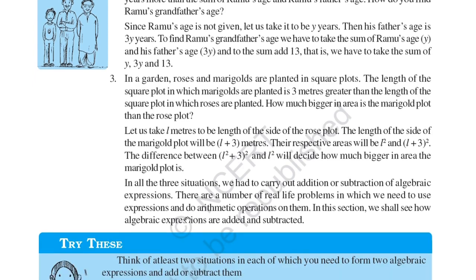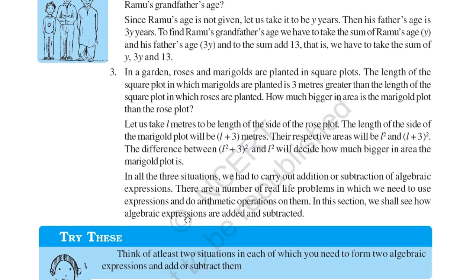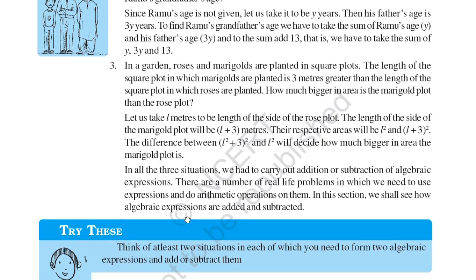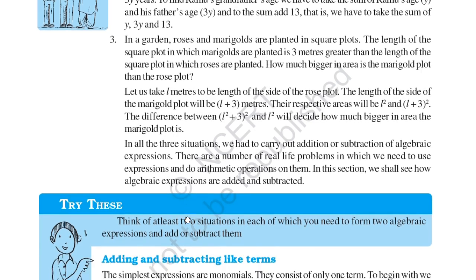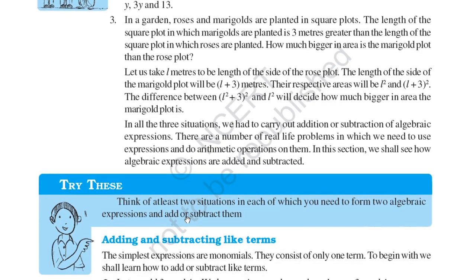Third, in a garden, roses and marigolds are planted in square plots. The length of the square plot in which marigolds are planted is 3 meters greater than the length of the square plot in which roses are planted. How much bigger in area is the marigold plot than the rose plot? Let us take L meters to be the length of the side of the rose plot.